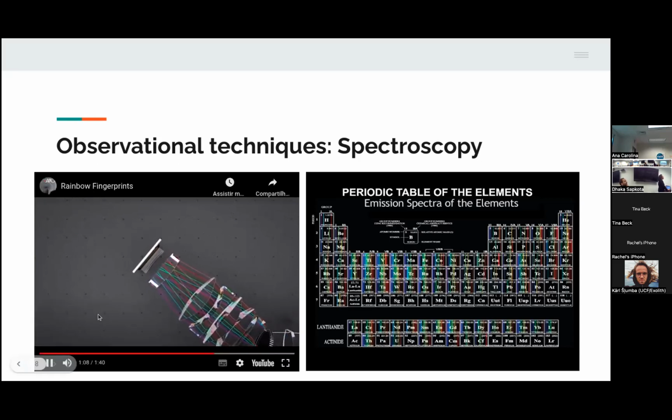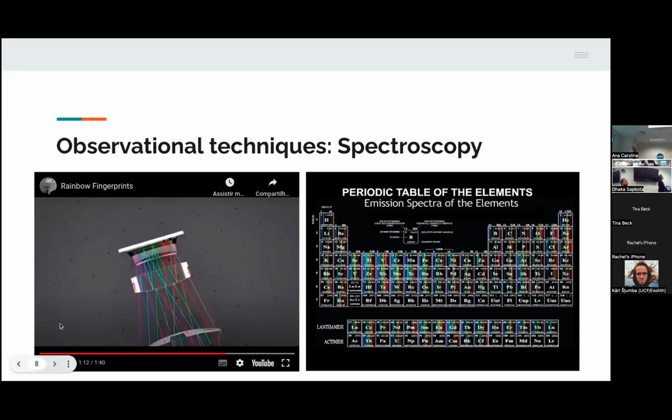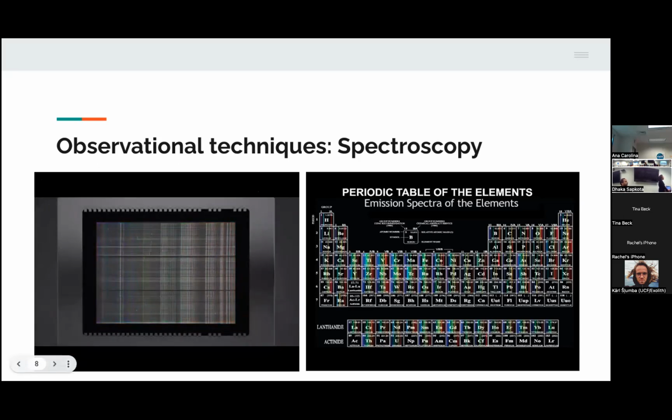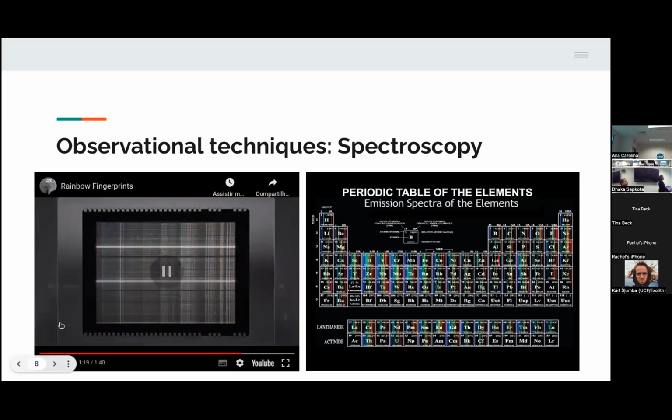So I will show you here what exactly we see when we are at the telescope doing spectroscopy. Here is the image that we see on the computer screen. These vertical lines are emissions from the sky because we are doing ground-based observations. Those are from the gases in the atmosphere.